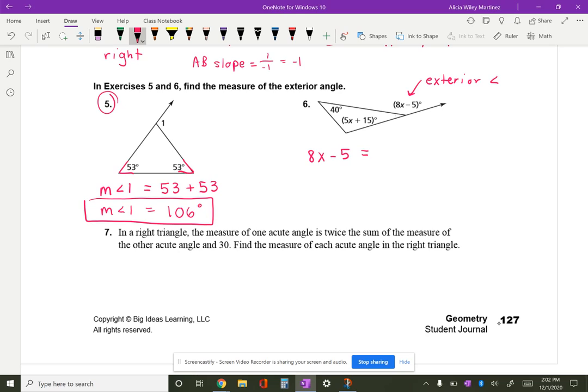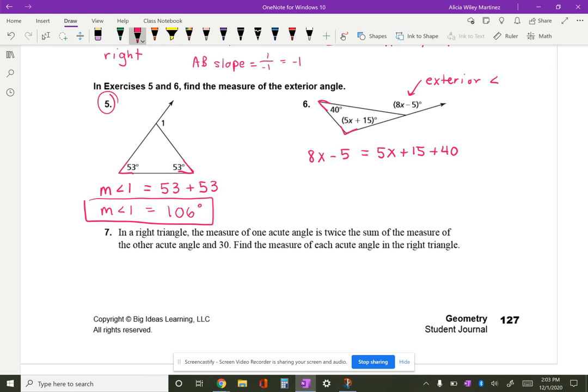So you don't want this angle right here. That's the adjacent angle, okay? You want the angles that are, I like to think of it as opposite, right? They're a little bit opposite, but they're not next to it. So it's this one and this one. So what you're going to do is you're going to add those together. It's going to be 5x plus 15 plus 40. And now we have an equation that we can solve for x.